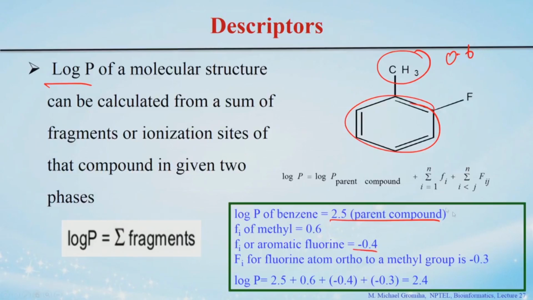Then there is the Fij for the fluorine atom ortho to the methyl group. This is the log P of the parent compound, this is for the individual fragments, and this is the influence between these different groups. The parent compound, benzene, is given as 2.5, and the individual groups CH3 plus F give 0.6 plus 0.4, and because of the Fij, minus 0.3. Finally, we get a value of 2.4 for this particular structure.